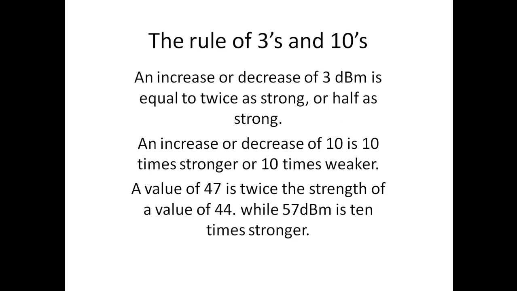Again, we're looking at ratios, raw ratios here. An increase of 10 is 10 times stronger, or it could be 10 times weaker. So at the bottom, we see a value of 47 is twice the strength of a value of 44. This is in our EIRP value, right? Where 57 dB would be 10 times stronger than that value of 47.